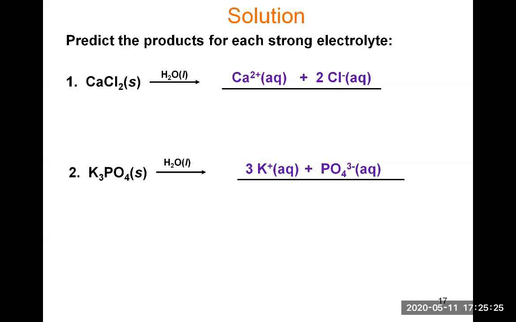And so you can check here that indeed the 3 negative charges from the phosphate will be cancelled by the 3 positive charges coming from the 3 potassium ions. And so you would retrieve this K3PO4 formula for the compound between potassium and phosphate. So these are the ions they dissociate into.